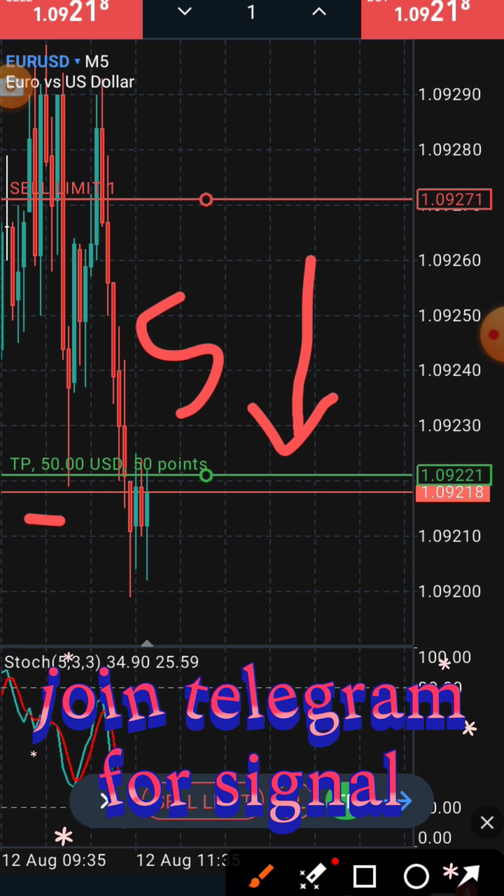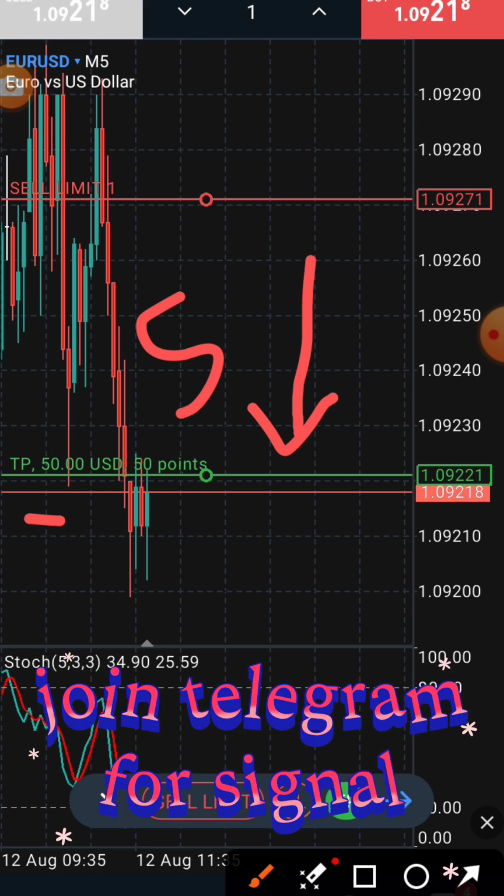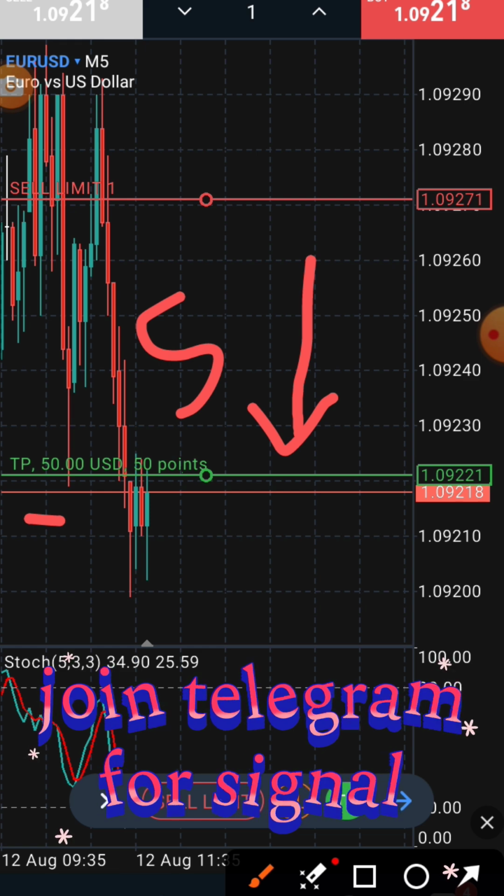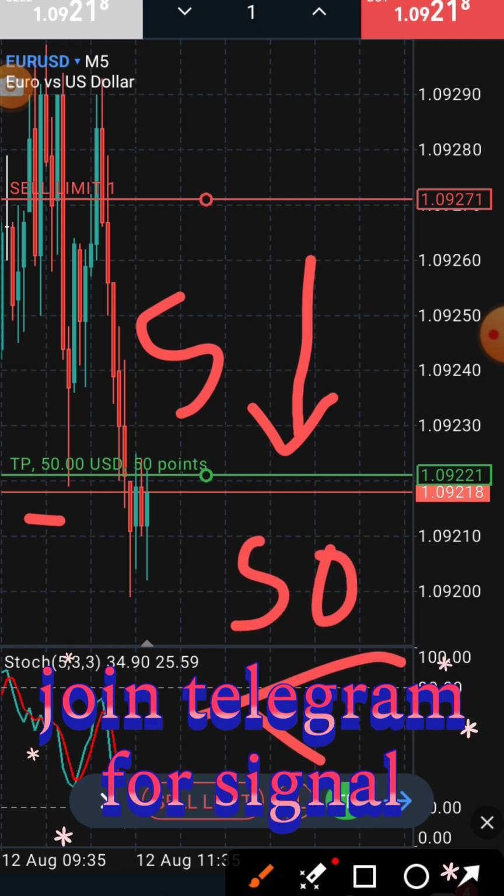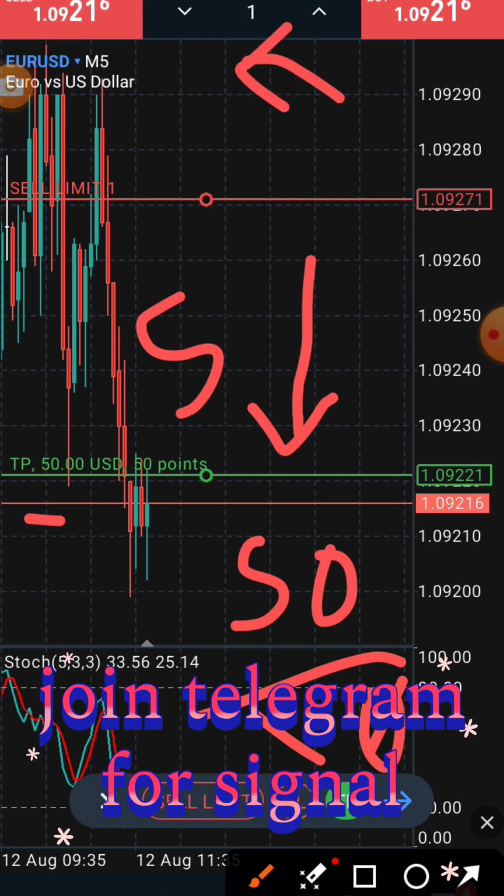Understood? Because the profit is $50, you divide 50 by 10, because you have selected one standard lot size, so 5 pips is the movement in forex.